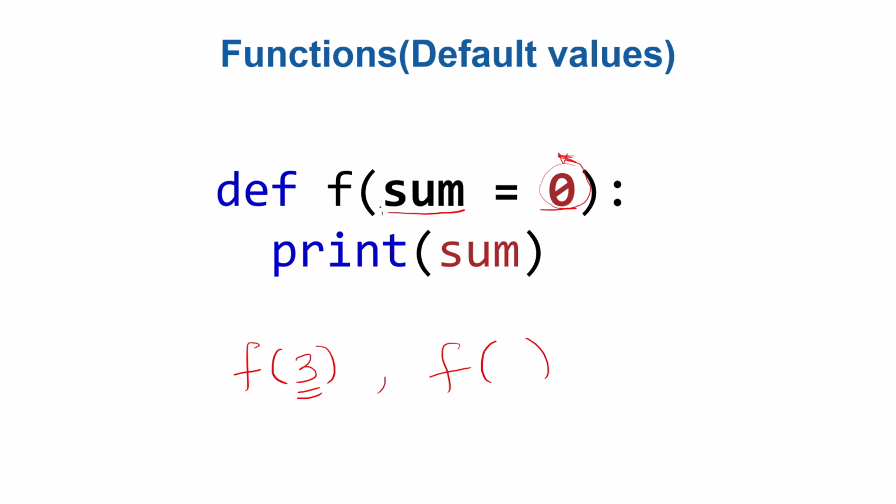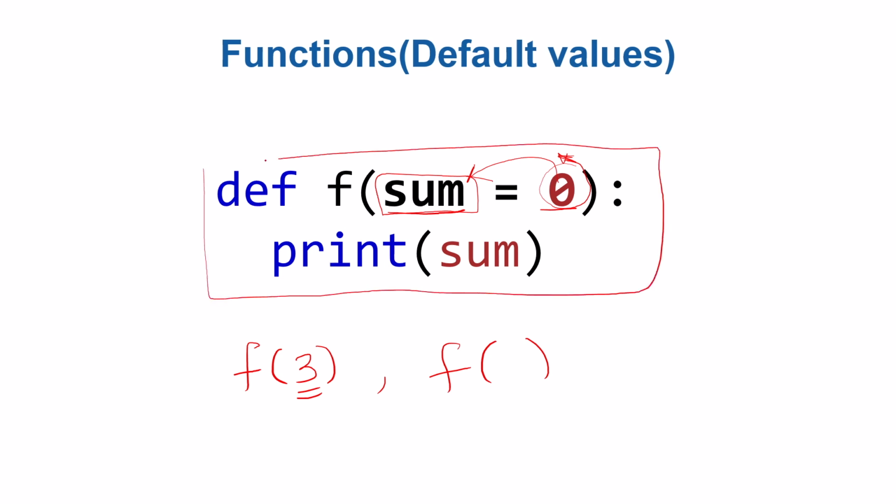At that very time this variable is assigned this value. It is not assigned at the call time. So sum equals 0 is already there when you press shift enter for a cell that contains this code. Later on, if you pass a value, that value will overwrite sum. If you don't pass the value, the 0 will go on.